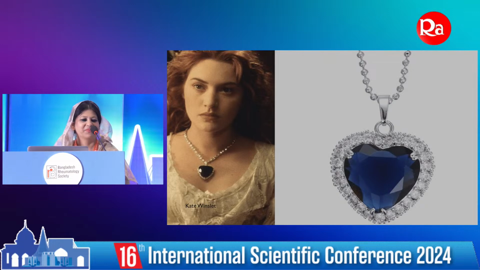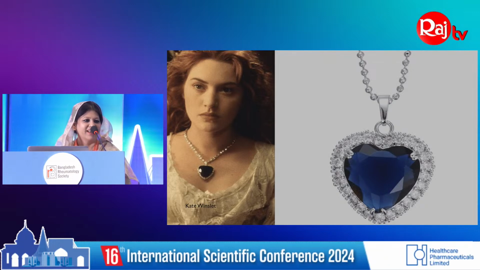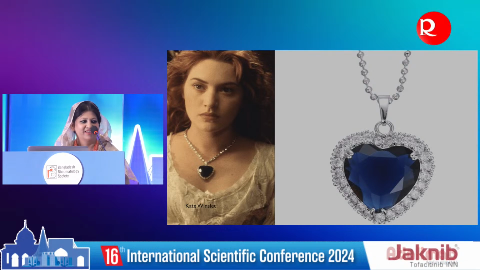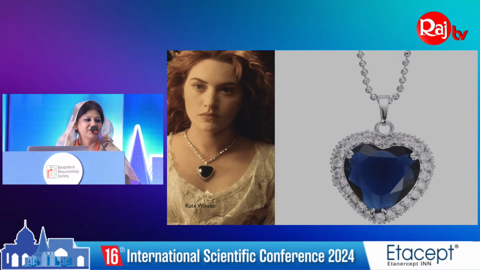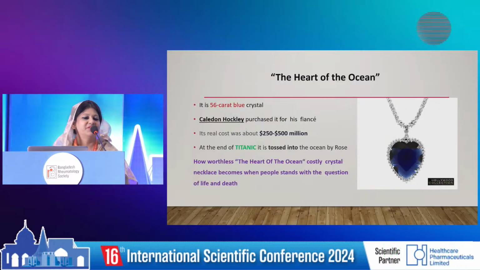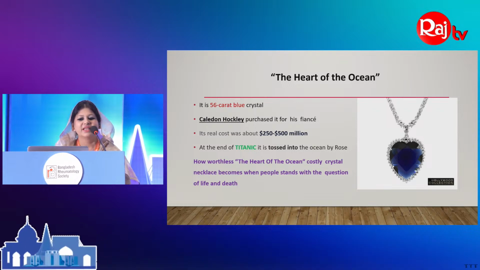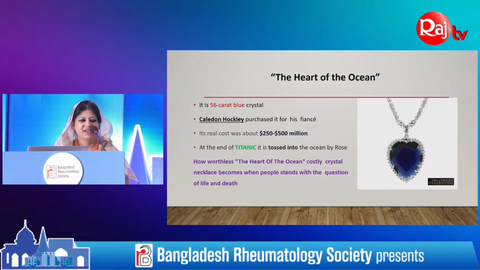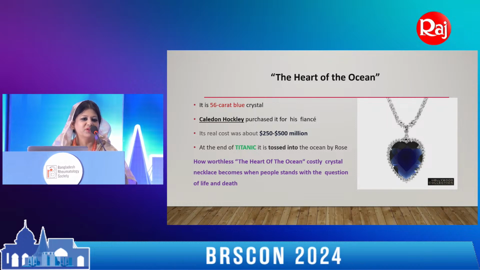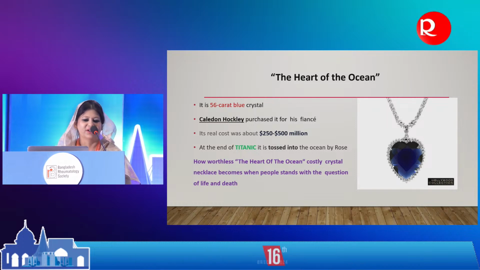You can see the beautiful lady. She is Kate Winslet. She is Rose, the actress of Titanic. In this film, she owned a very beautiful crystal, a 56-carat blue crystal named the Heart of the Ocean, which cost more than $5 million US.